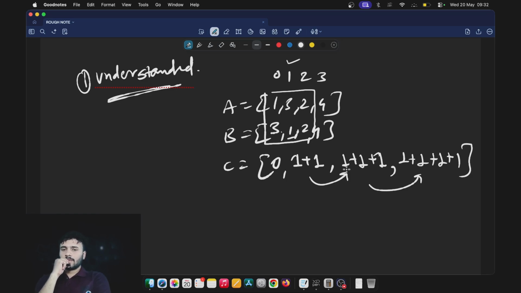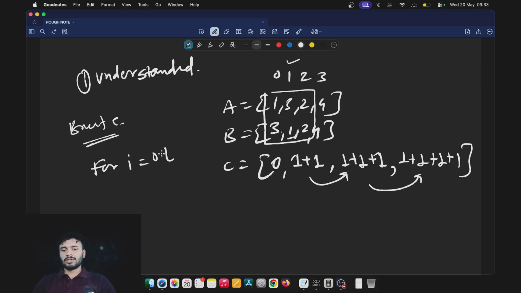We need to figure out, since it's a permutation, that we have to think in that direction also, but not right now, since we should come up with the brute force approach at least. And the approach is simple. For the brute force, for every I from 0 to n, we will traverse.